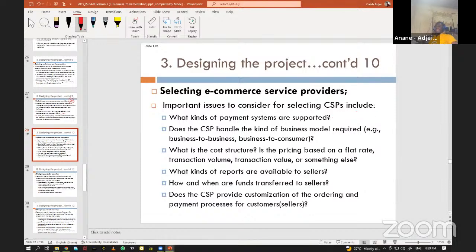So we need to look at the CSPs. What type of payment system do they support?